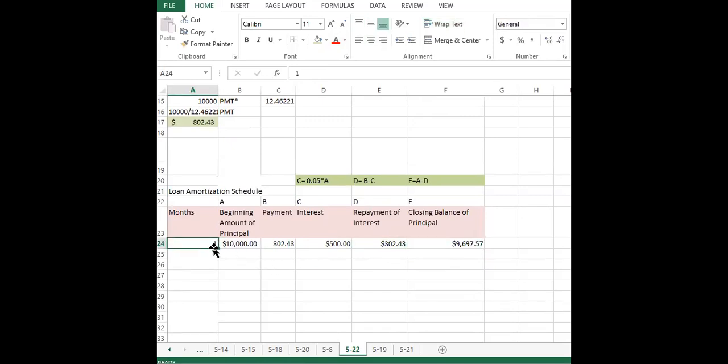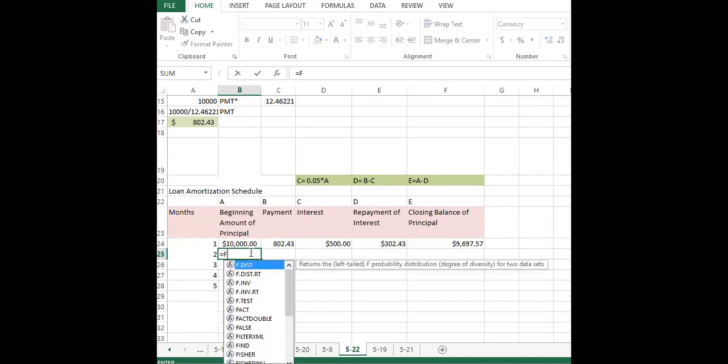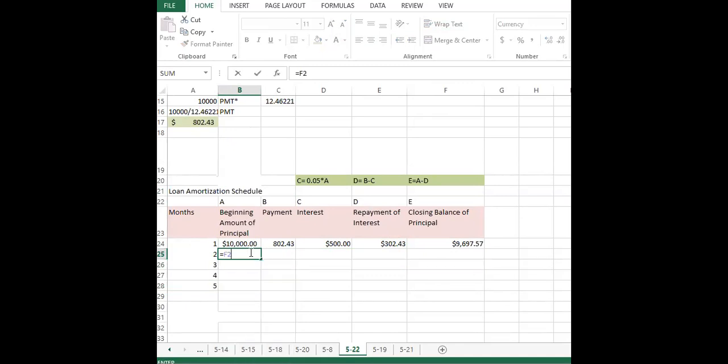Again, I'm going to calculate it for 5 semi-annual payments. Okay, here we have F24. That is the closing balance of period 1, which is the opening balance of the next period. Here we have semi-annual payments: first payment, second, third, fourth, fifth payment.